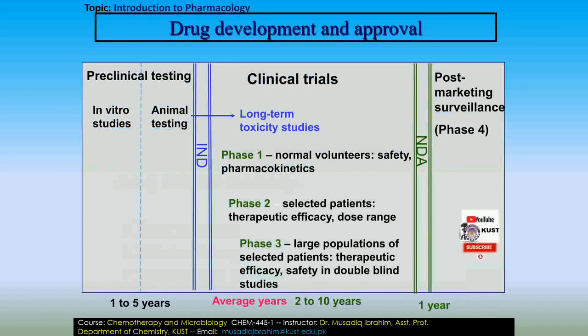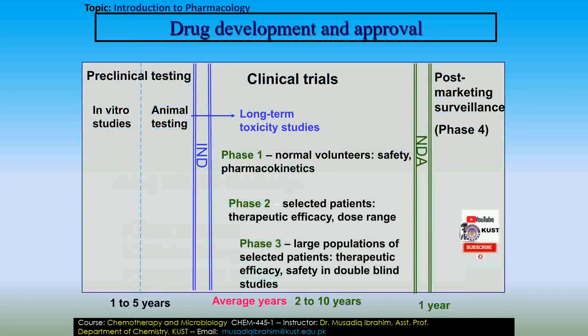In vitro studies are laboratory based studies in which the drug is studied for whether it is soluble in polar solvents or non-polar solvents, its solubility, its precipitation, its specific gravity, and other factors.